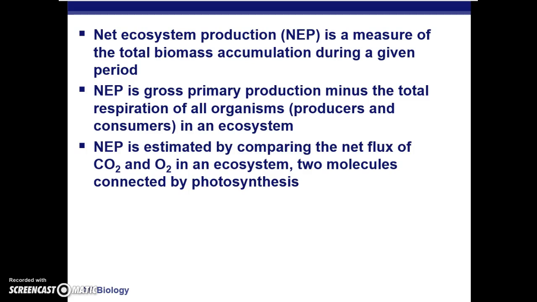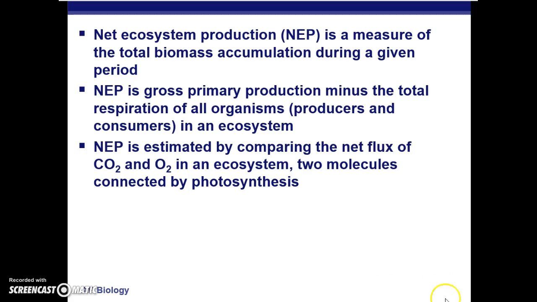So in this case, we're moving up from just the respiration of the producers being subtracted out, but we're also subtracting out now the cost of just living, the respiration of all of the consumers in the ecosystem. So we're getting a measure of the ecosystem's available energy in this case.